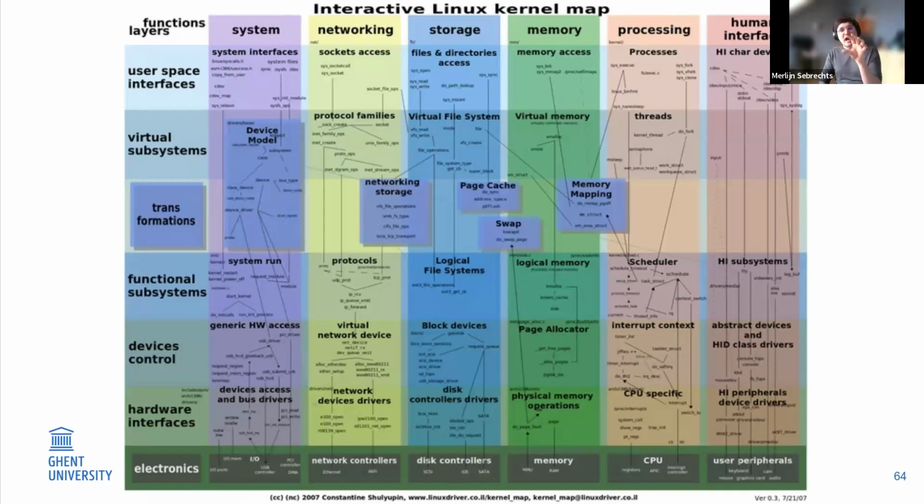And this shows how the different components of the Linux kernel are separated and how these components interact. And the reason why we can put this in a nice diagram is because each box that you see corresponds with a single developer.